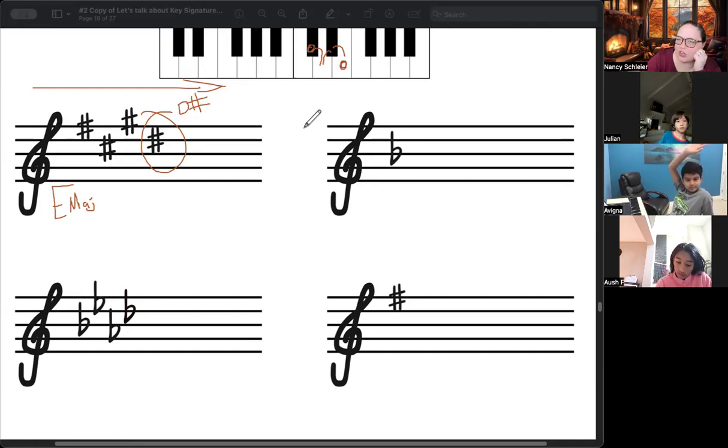So what is our minor key signature? Arya, what is it? It is C sharp minor.